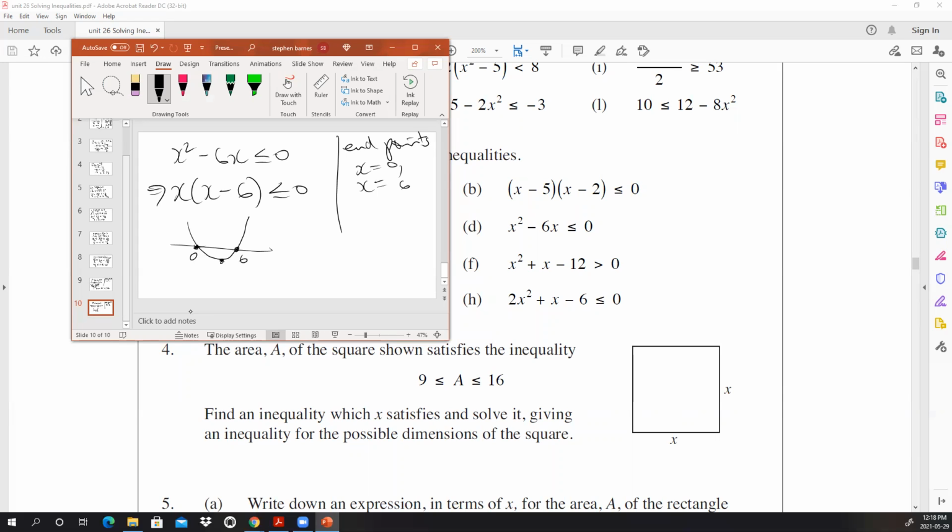Now, this is saying that the graph gives me values below 0, and this 0 represents the y-axis. So you want values below 0, so you want these down here. Let me draw a better line.